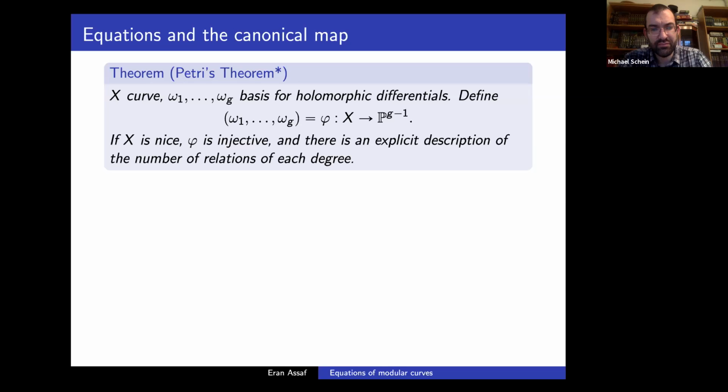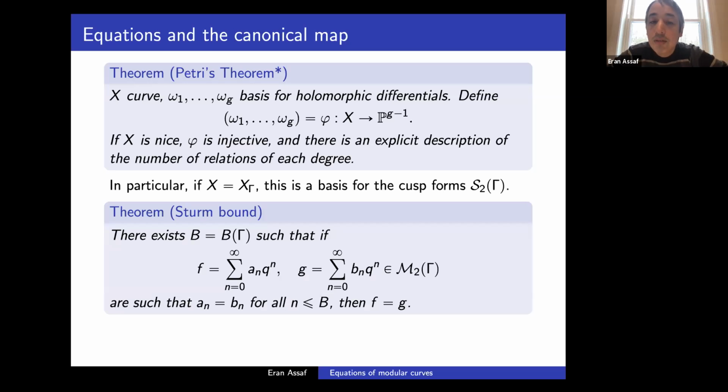If X is nice enough, then this map is injective. Moreover, there's an explicit description for the number of relations we expect to have of each degree. In particular, if our curve is a modular curve of the form that we saw earlier, then a basis for the holomorphic differentials is a basis for the space of cusp forms, the modular forms which are holomorphic everywhere, even at the cusps.